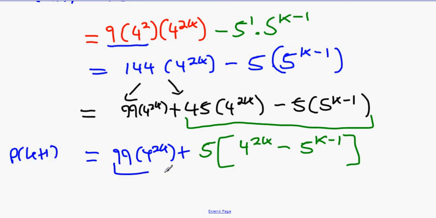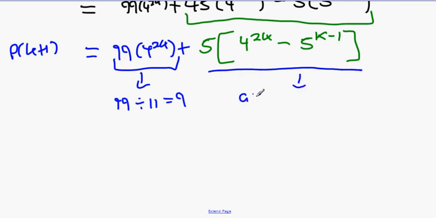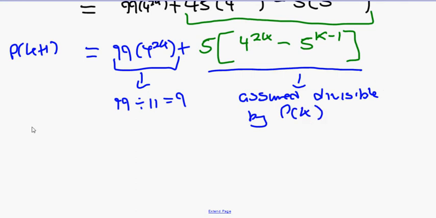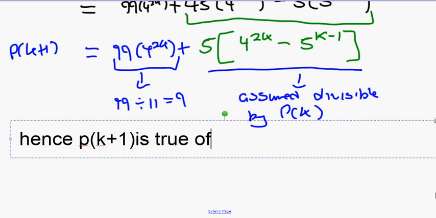Now, what we have here is this part here is divisible by 11. 99 divided by 11 equals 9. Okay, and then this part here is assumed divisible by P of k. So, therefore, hence P of k plus 1 is true if P of k is true.